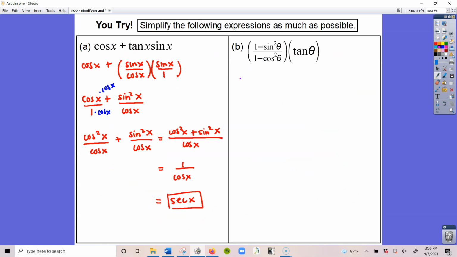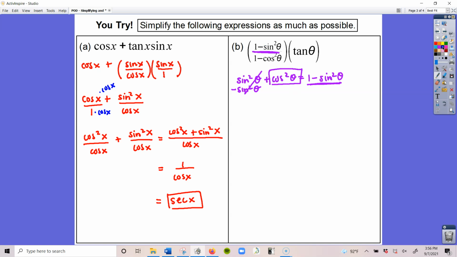This is my identity. Sine squared theta plus cosine squared theta is equal to 1. I want to see what I can replace this with. If I subtract sine squared theta to both sides, I get that 1 minus sine squared is equal to cosine squared.